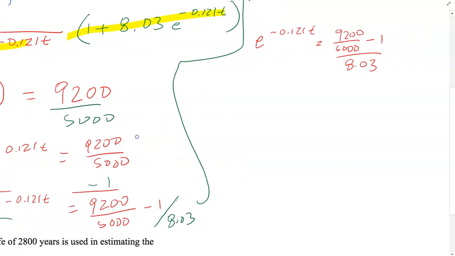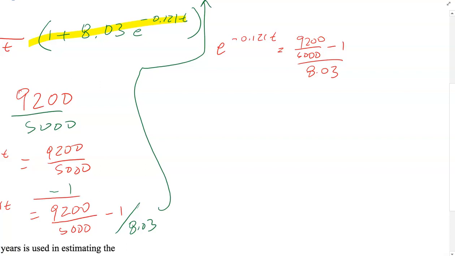The nice thing to do here to get rid of the e will be to take ln of both sides. If you take ln of e to the negative 0.121t, it is equal to ln of this other side.